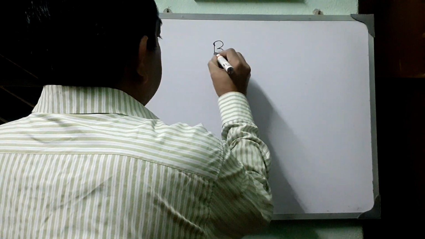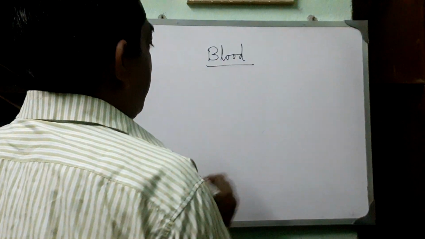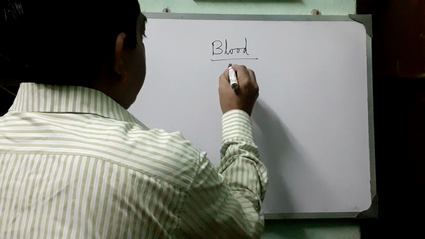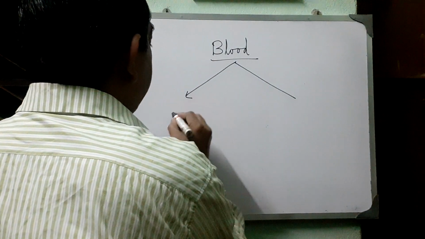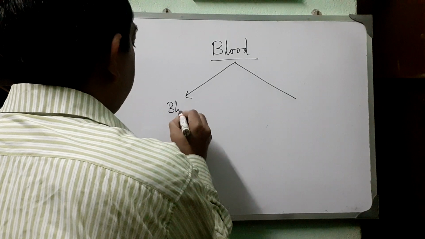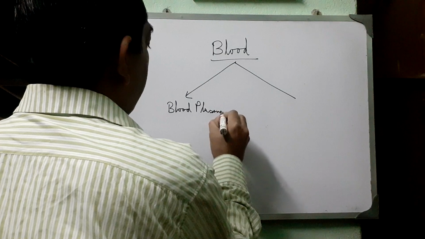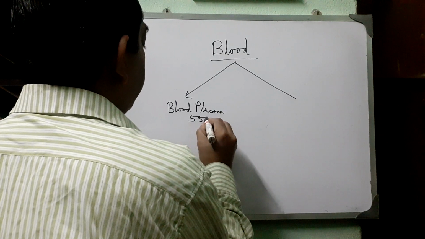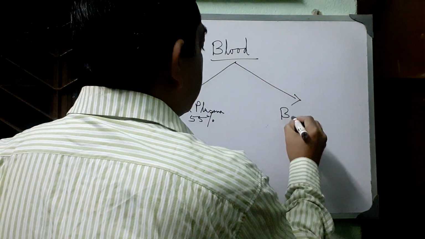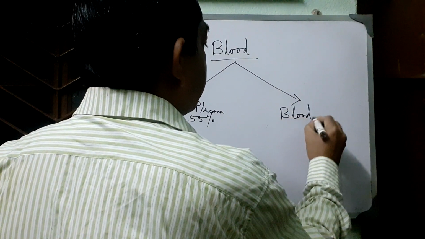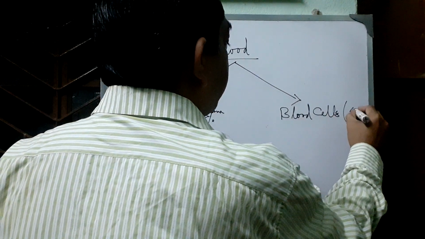Blood, generally, I am talking about human blood. There are two parts of human blood. One is the blood plasma, which is 55% of the blood, and another is the blood cells, which are 45% of the blood.